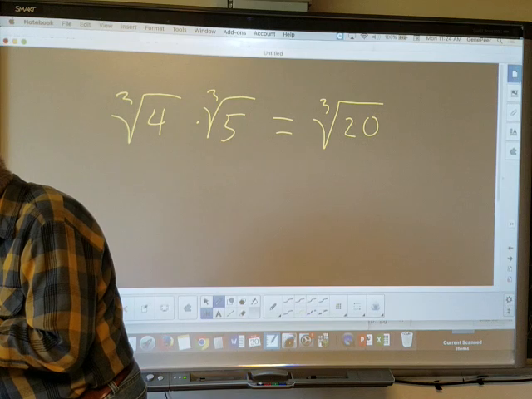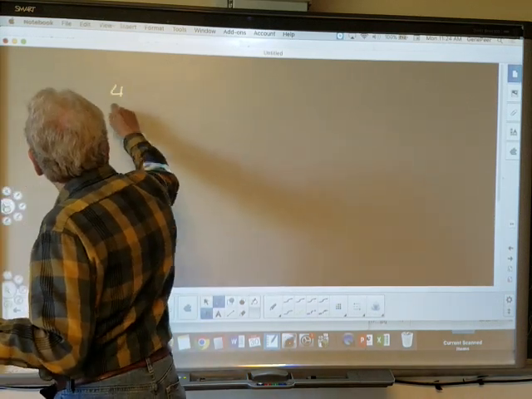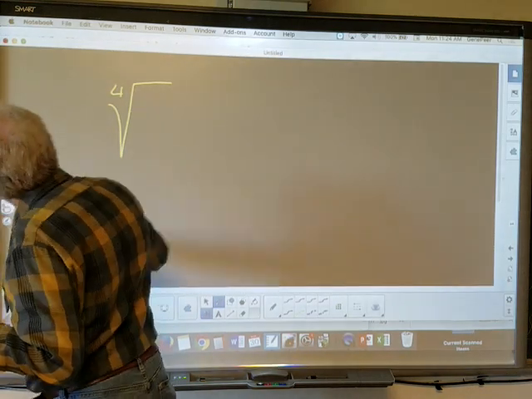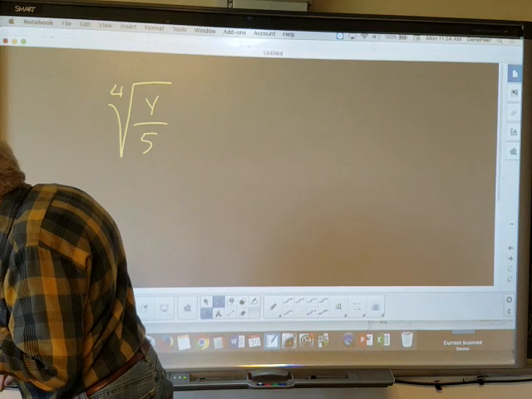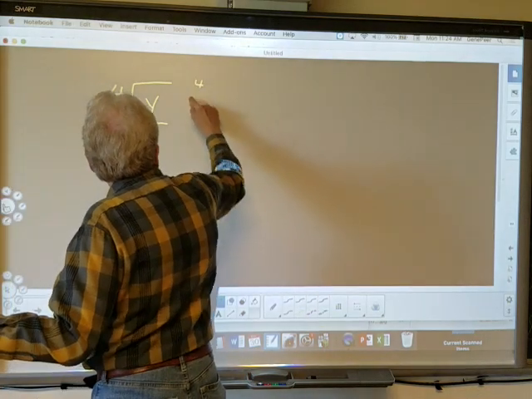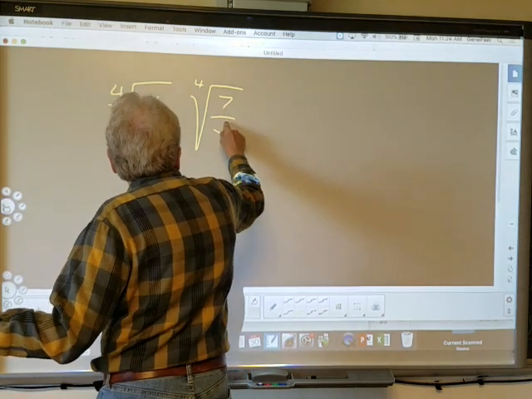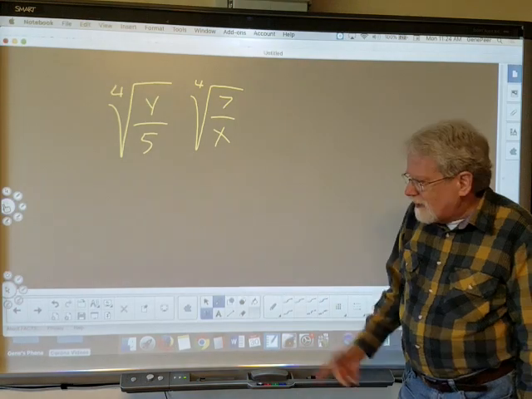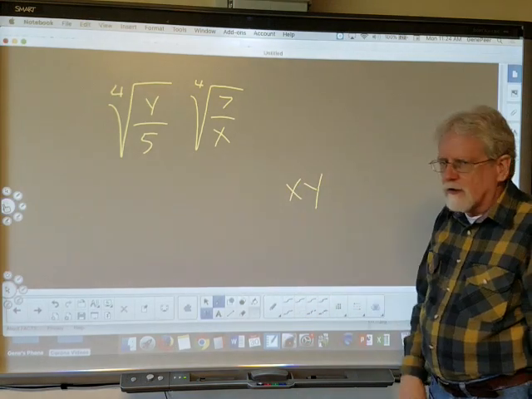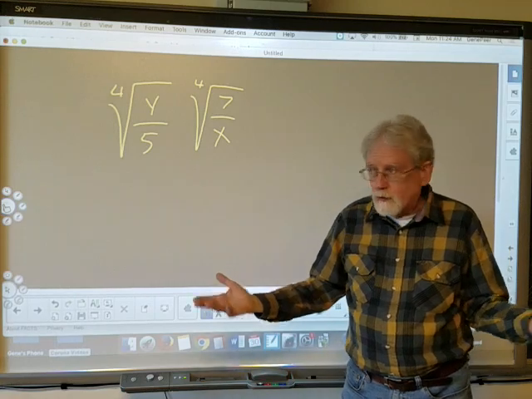That next example is not worth, well, I guess we better look at it. I don't want to skip too much stuff. If you don't need this example, just fast forward. How about fourth root of y over 5 times the fourth root of 7 over x? Mr. Beer? Yes? Didn't you leave out the multiplication dot? I don't need a multiplication dot. No more than I need one here. If there's no operator in between, it always means multiply, of course.